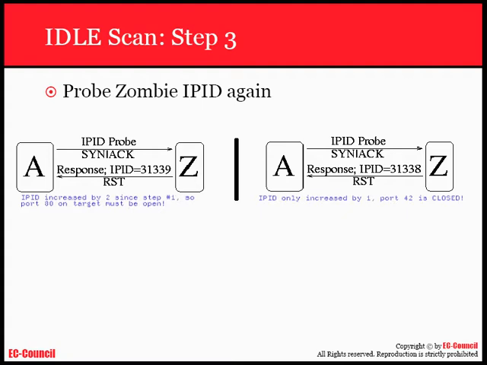Now, if that IP ID number has been incremented twice since I did my previous scan, then I know that, hey, I got back the response and then the SYN ACK and I sent a reset. However, if I check and that increment has only gone up by 1, then that means that the port is probably closed. In other words, whenever the SYN was sent, I just received a reset back from the target machine itself.